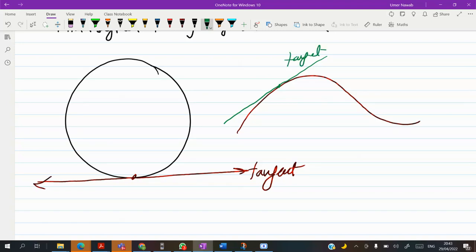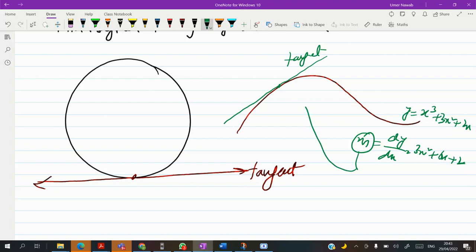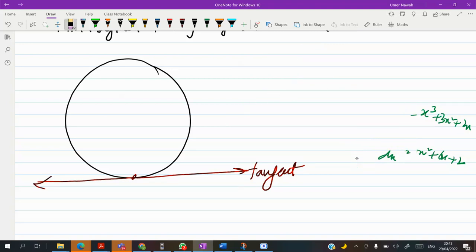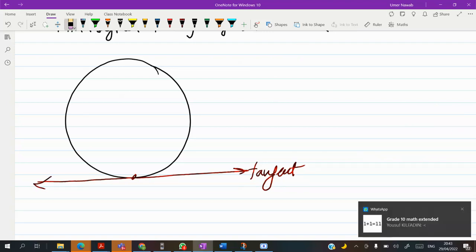And you remember, guys, in differentiation, when he was giving you the equation of a curve like x cubed plus 3x squared plus 2x, and you were finding dy by dx, which is 3x squared plus 6x plus 2, and that dy by dx was telling you the gradient of the tangent line. This one you can watch in my other video where I explained the differentiation.